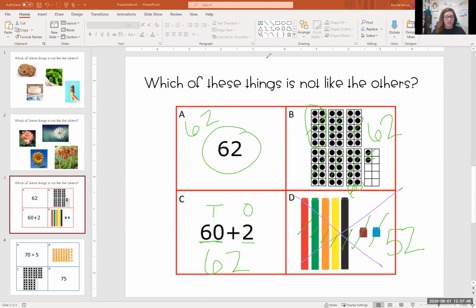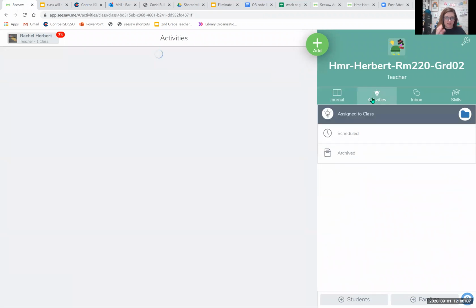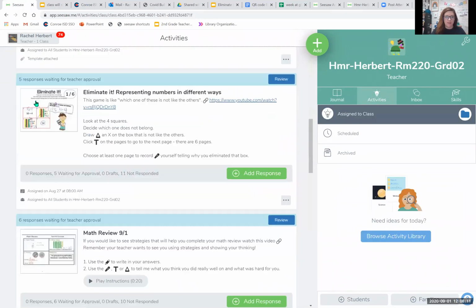So today on your game, you are going to go through and eliminate the ones that are not the same. Okay? So I'm going to show you quickly on Seesaw where you go to get that activity. When you go to your Seesaw account, under your Activities tab, you're going to see Eliminate.